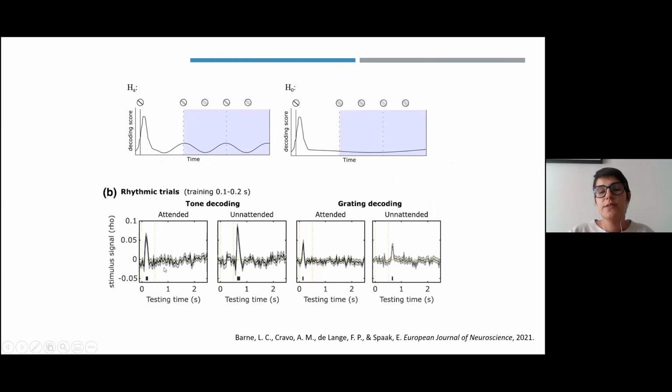But when we try to classify this very specific, stimulus-specific information, we don't see anything occurring during the silent period. This is not what we expected from the hypothesis.